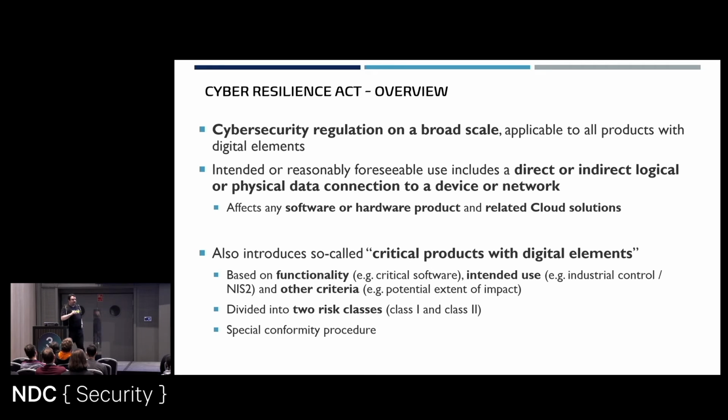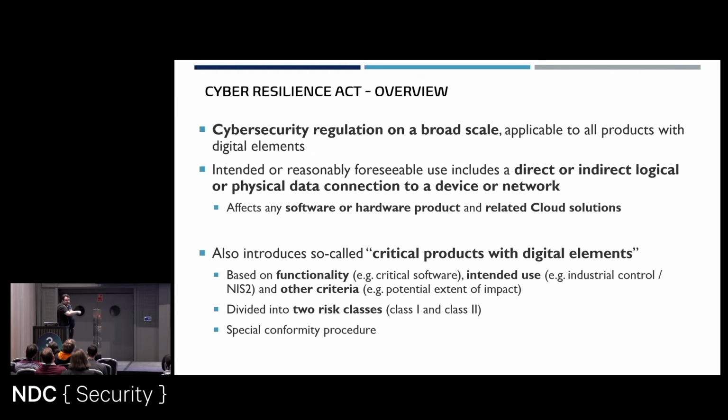And the CRA also introduces another concept of so-called critical products with digital elements. The criteria of how you fall under the critical products is either based on functionality, it could be critical software, the intended use, if it's something that's being used, whether hardware or software, for industrial control systems, or just falls under NIS2, that we've already talked about, and other criteria by the potential extent of the impact that it might have if that device, software, whatever, gets compromised.